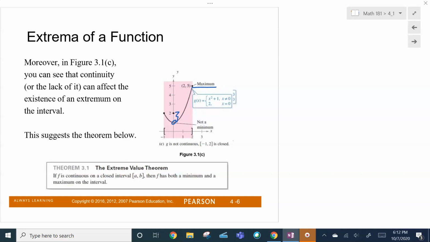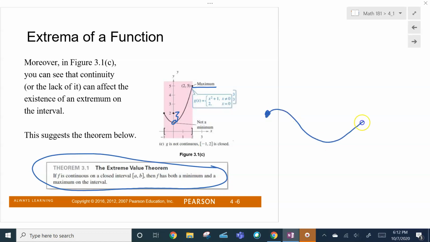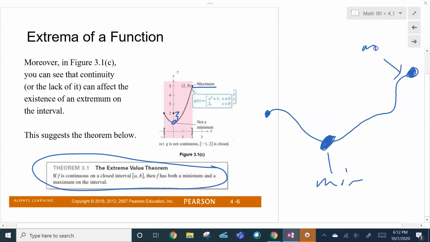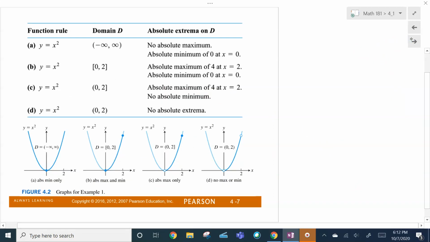The extreme value theorem says that if a function is continuous on a closed interval, whatever it looks like, you're going to have a lowest point and a highest point. You're going to have a minimum and a maximum. That's what the extreme value theorem says.